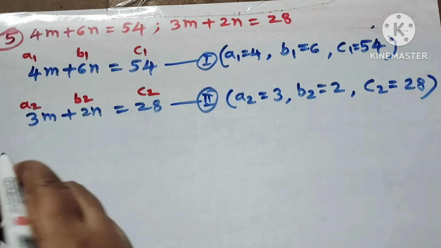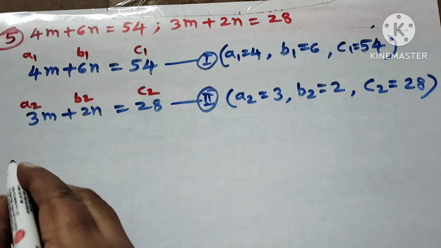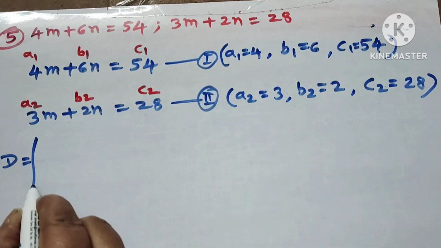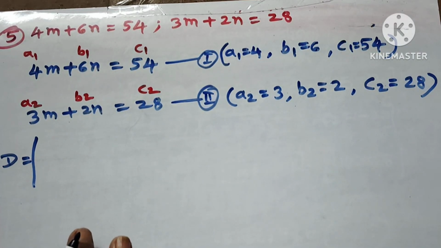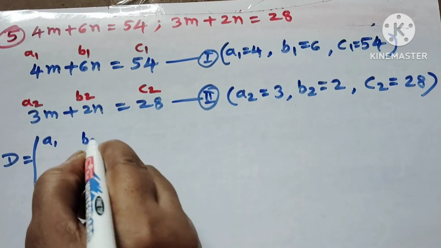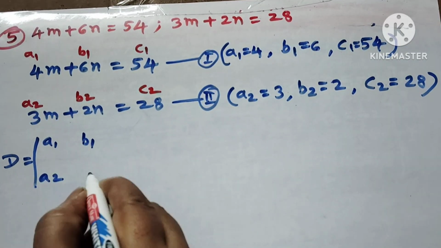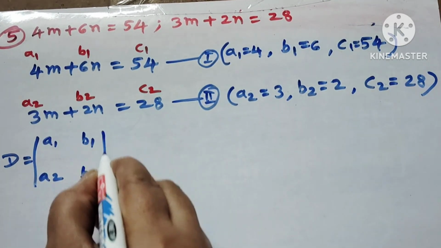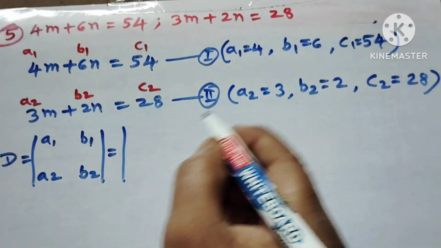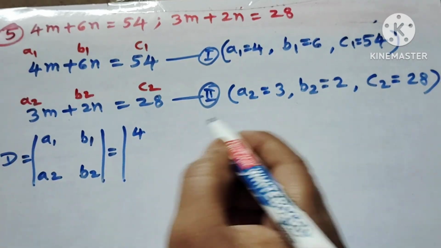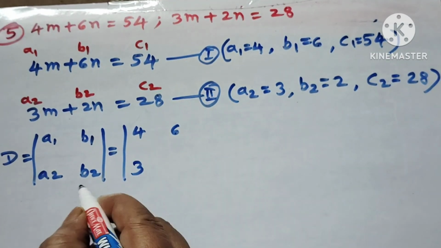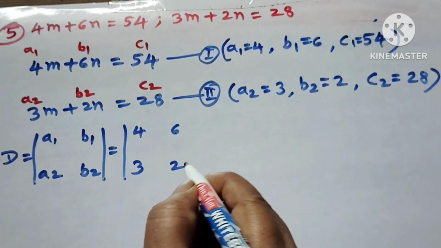Find the value of d. d is equal to a1 b1, a2 b2, is equal to a1 4, b1 6, a2 3, b2 2.